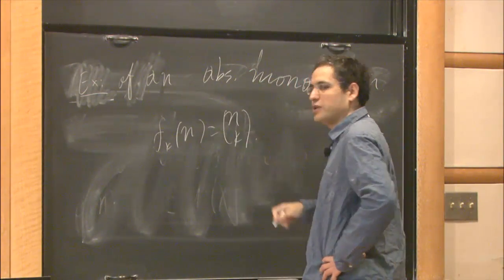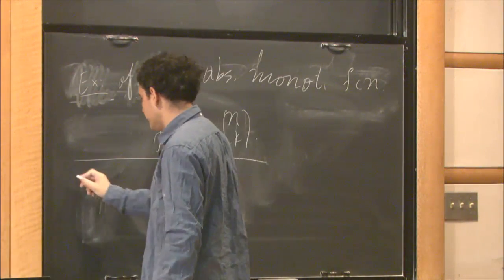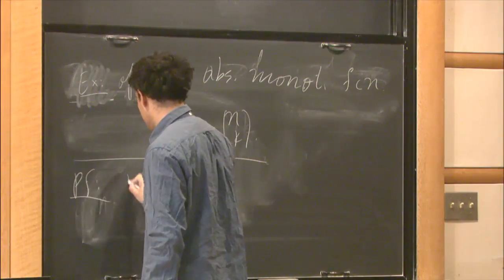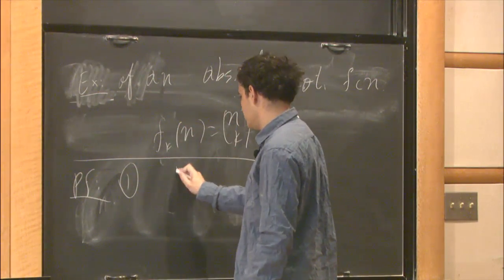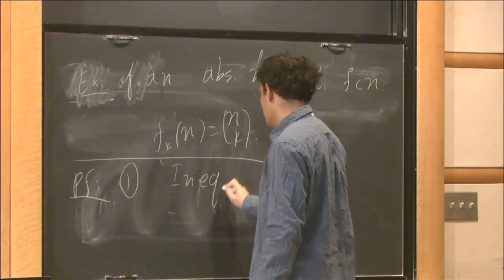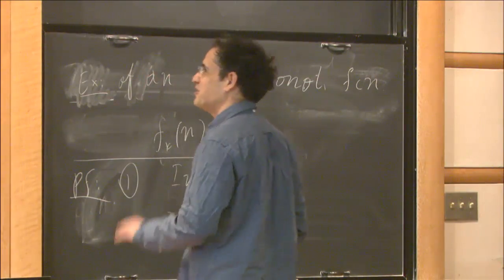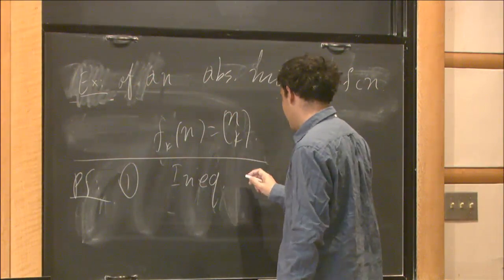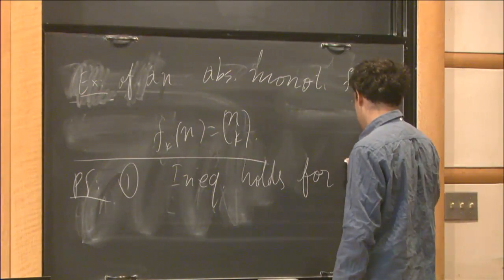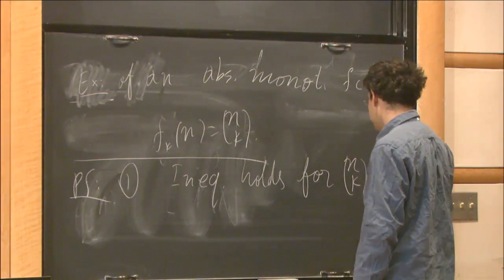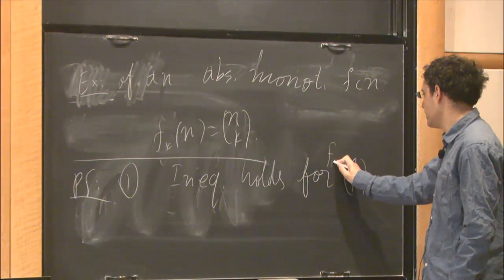So this is absolutely monotonic as a function of n. So the first step in the proof is to prove that this inequality holds for n choose k. This is a function of n.